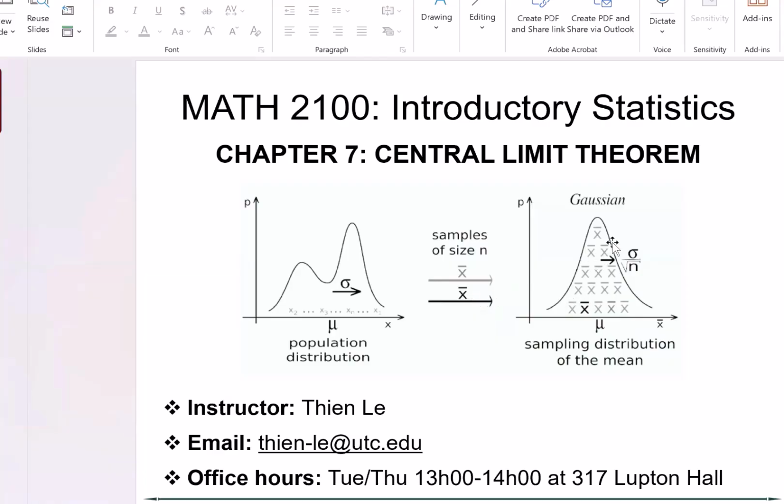But for all the data collected by all students in this class, say we have 37 students, we will have 37 different x bars from your samples. We know they will be distributed in a normal, bell-shaped way, clustering around the true mean mu of the infant weight, with standard deviation sigma divided by square root of n.